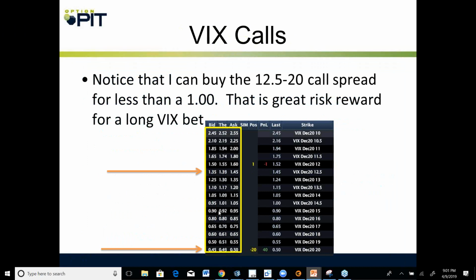I'm paying 95 cents or $1 to get $7.50 of protection. That is inexpensive hedging. That is the way to set up a bull spread in VIX.